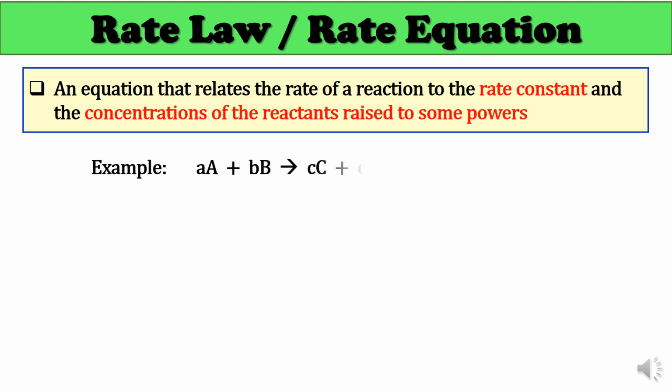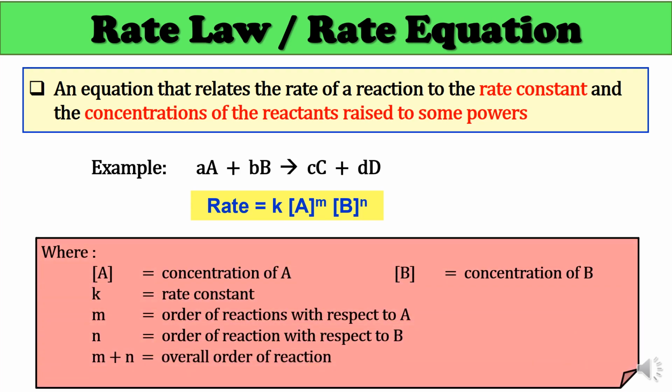For example, A reacts with B to produce C and D. The rate law for the given equation is rate equal to k[A]^m[B]^n. k refers to rate constant. m and n refer to order of reaction, and overall order of reaction equals m plus n.